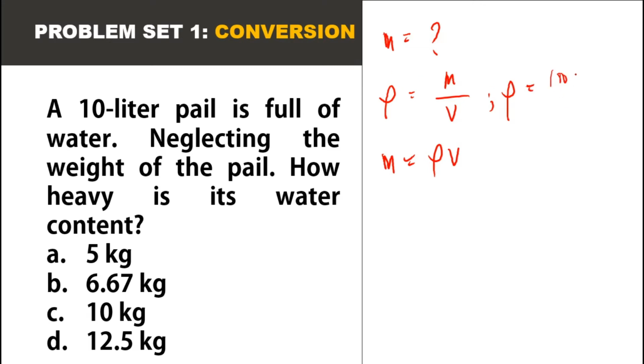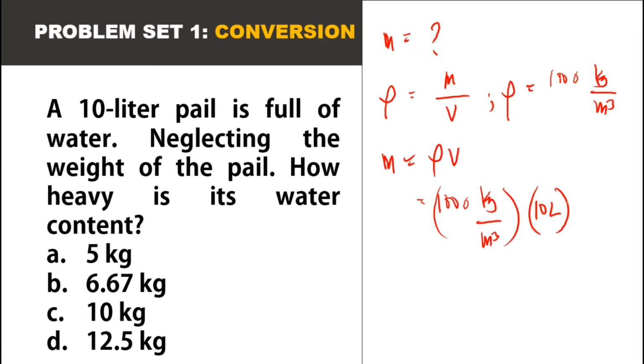The standard density of water, at standard condition, is 1000 kilograms per cubic meter. We are given the volume, that is 10 liters. By conversion, 1 cubic meter is 1000 liters.